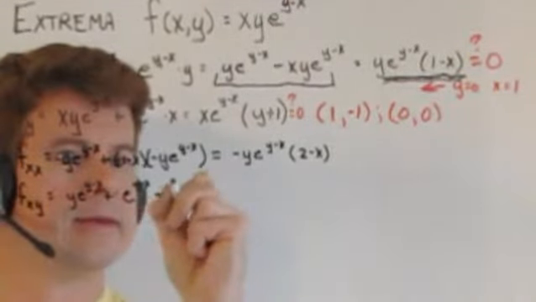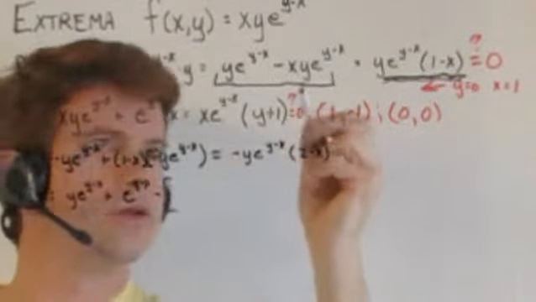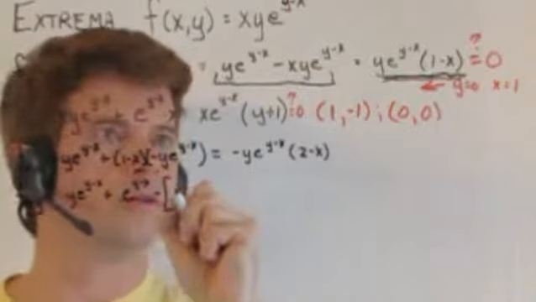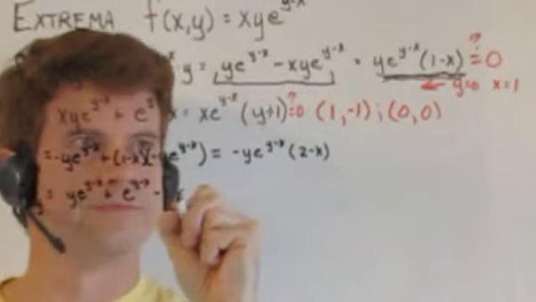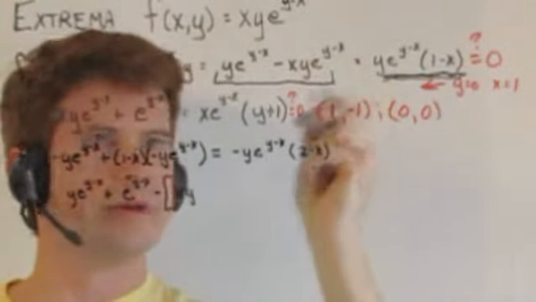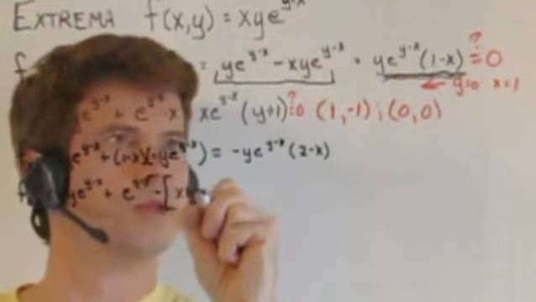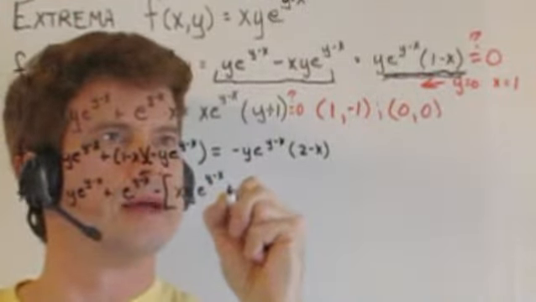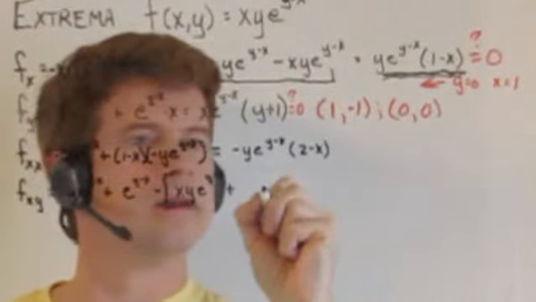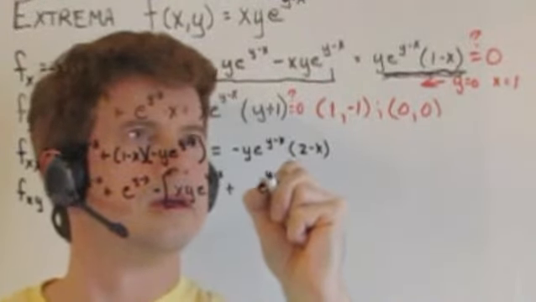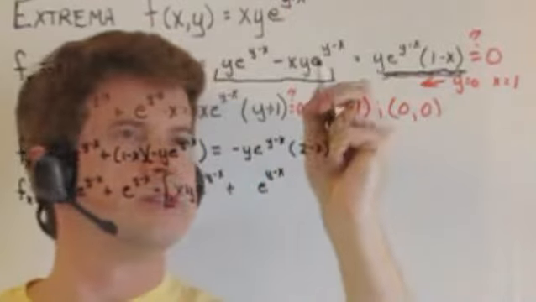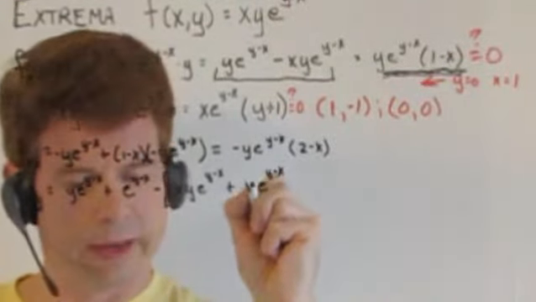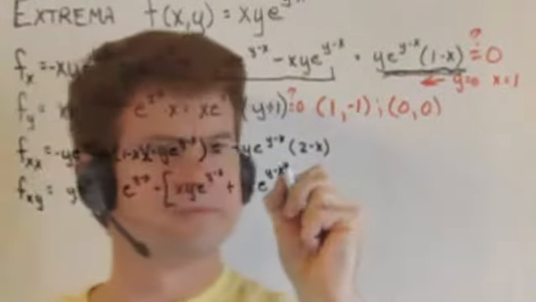Then we need to subtract, and here we have x y, so we're going to do the first times the derivative of the second plus the second times the derivative of the first with respect to y, which is going to be our x here.